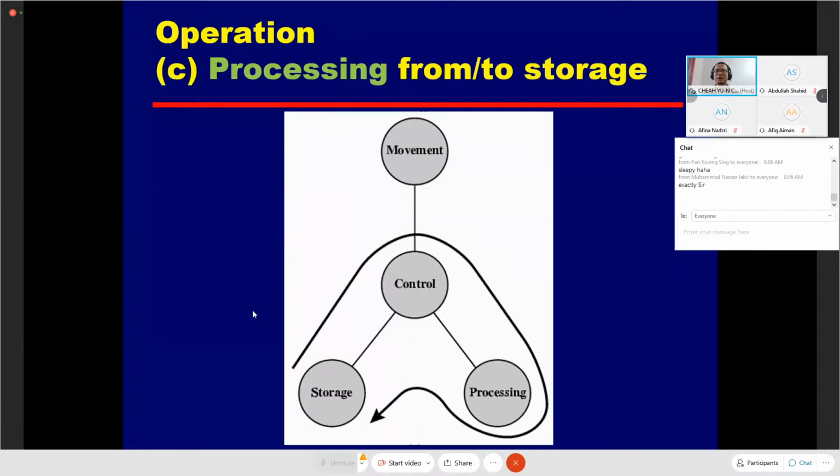Now the third one here is processing. Processing usually happens from the storage as well as to the storage. If you think about the computer that we have, the RAM is so important. Why is the RAM so important? Because a lot of the processing is done from the RAM. That means the data is brought in from the RAM in order to do the processing.